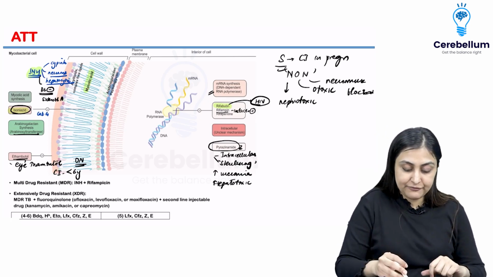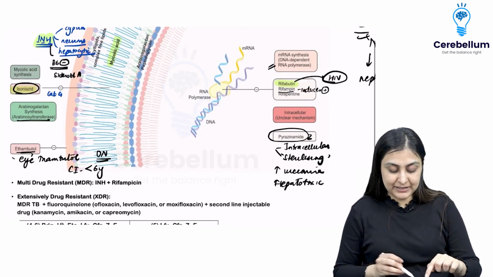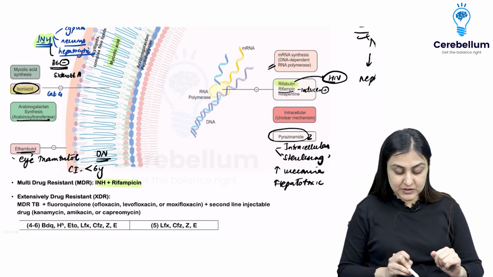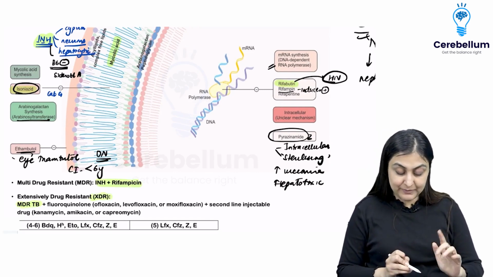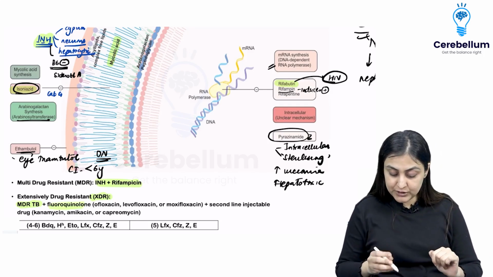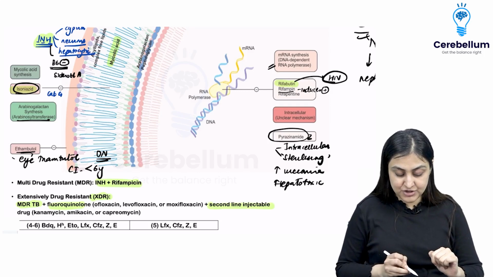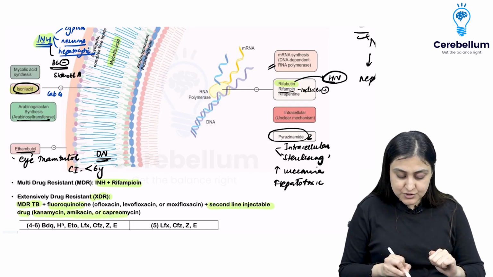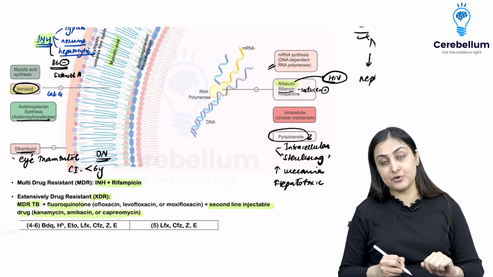Okay, now definitions. So MDR-TB, remember, we have resistance to INH plus rifampicin. XDR is when you have MDR, so H plus R, plus you have a resistance to fluoroquinolone and a second line injectable. So this is the updated definition, where you have resistance to kanamycin, amikacin or capreomycin as well.